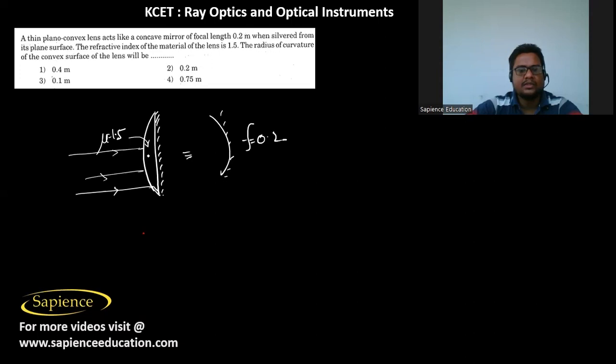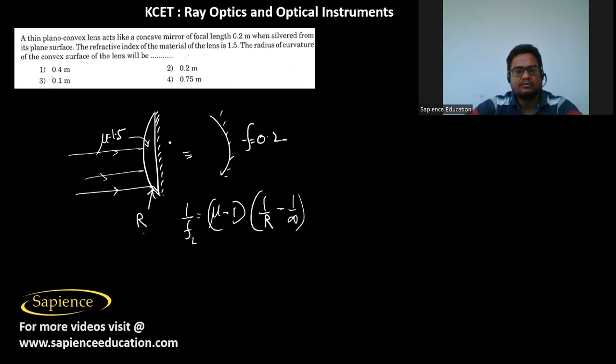Suppose its radius of curvature is r, then the focal length of the lens will be equal to (mu relative minus 1) into (1 by r1 minus 1 by r2), where 1 by r2 is 1 by infinity, since for a plane surface the radius is infinity.